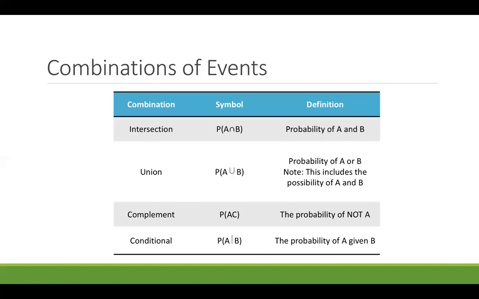So it would be okay if just A happened, but in intersection, A and B must both occur. And then complement is the probability of not A, and conditional is the probability of A given B, so something happening as a result of something else happening.